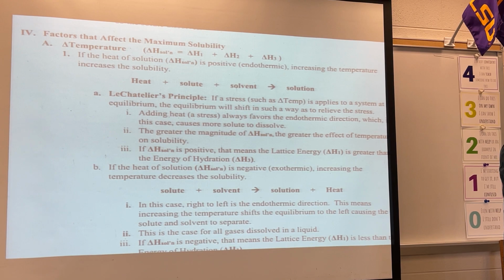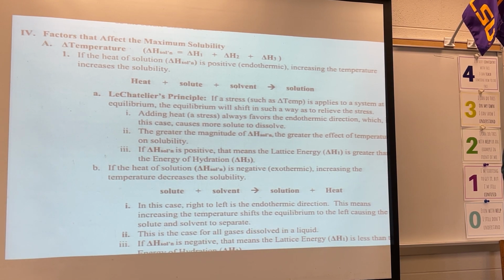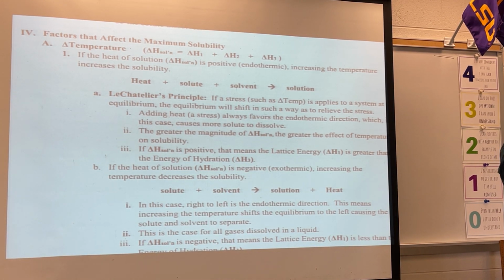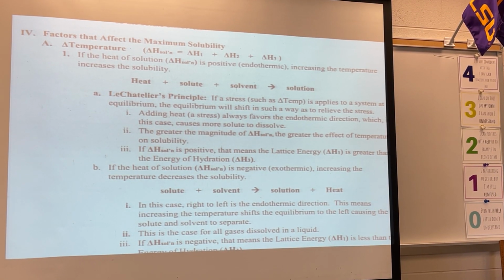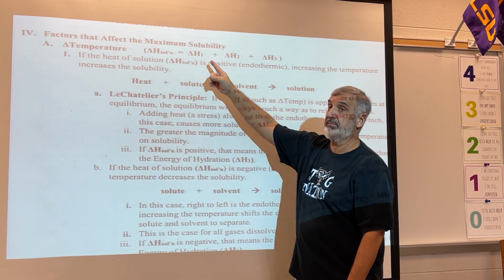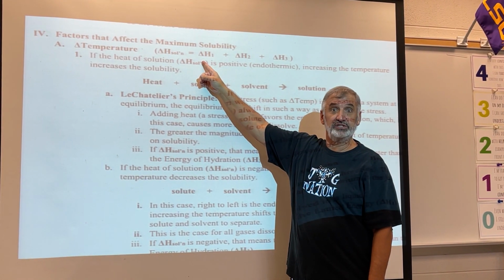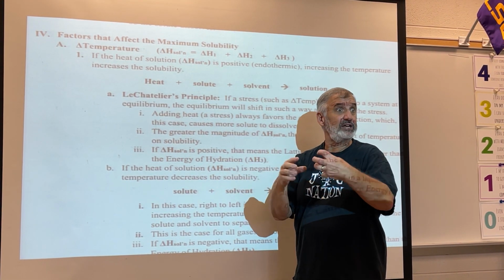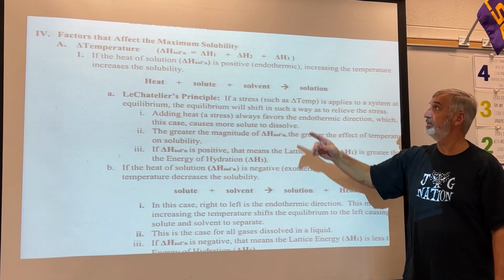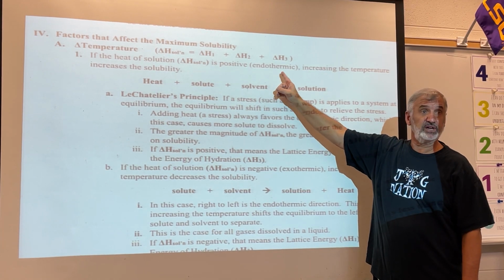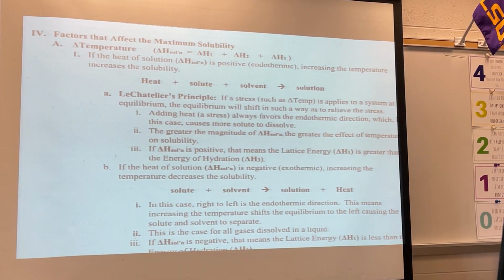You had to break those ions apart, which was actually a covalent bond in that case. So delta H1 was actually the bond energy between the oxygen and the hydrogen, because you had to make that hydrogen come off. But because it's so exothermic, I know that the energy of hydration must have been very high. Okay?